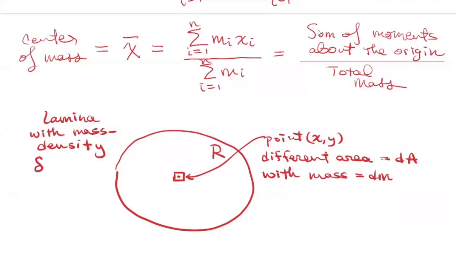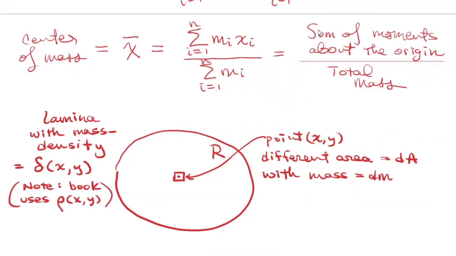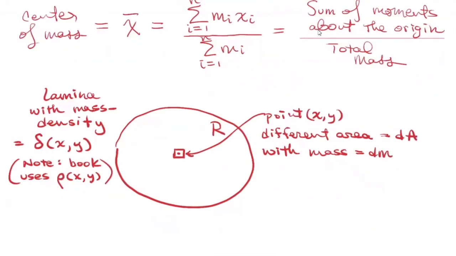So the density is going to be delta of x, y, and then in parentheses, I'll just have you note that the book uses rho of xy for mass density. Okay, and that mass density is going to be mass per unit volume.